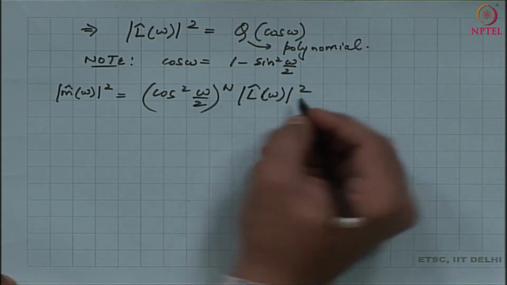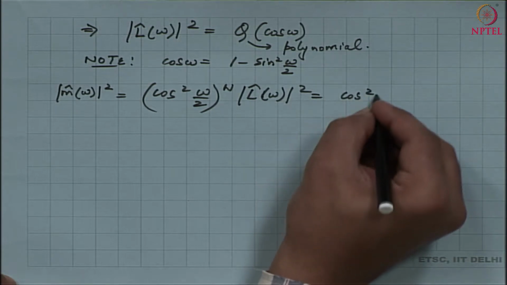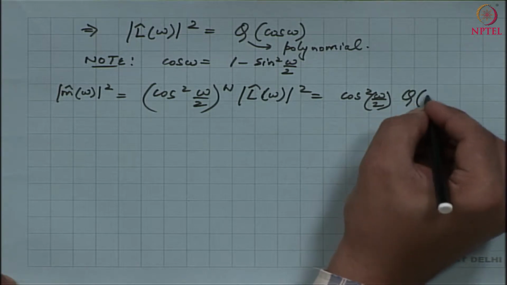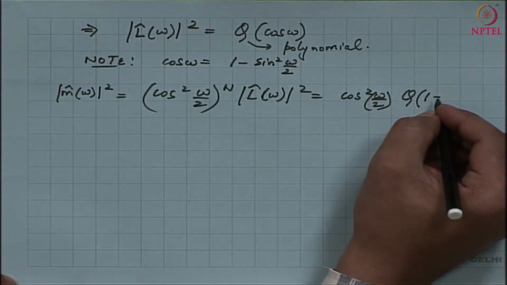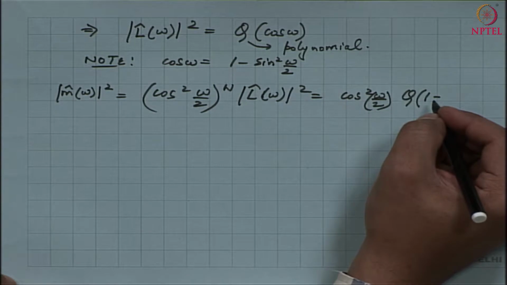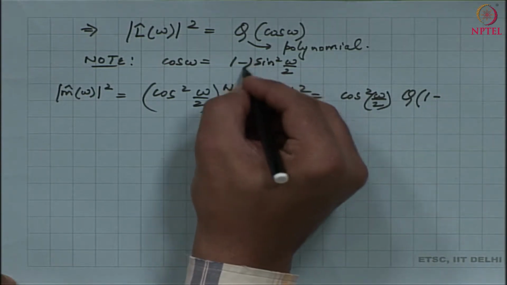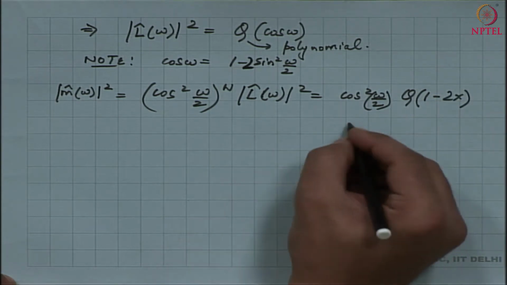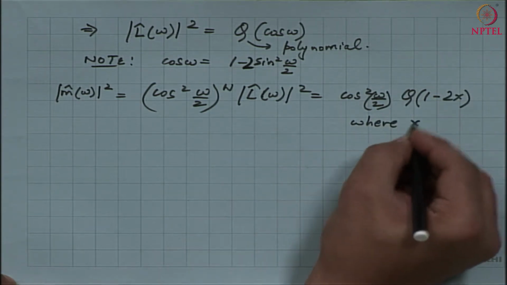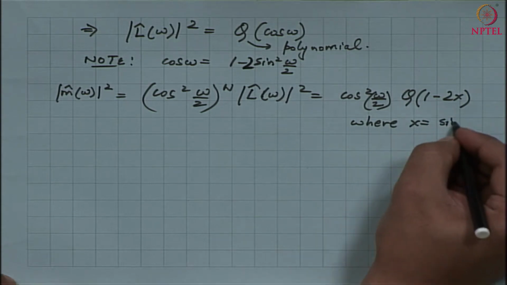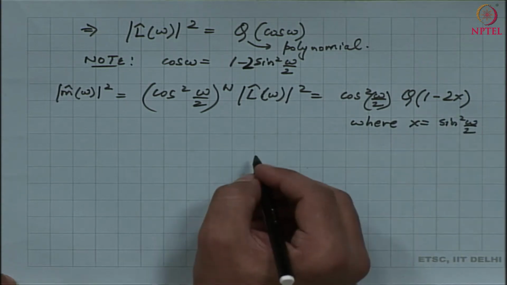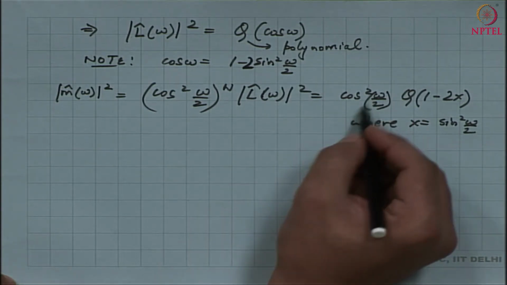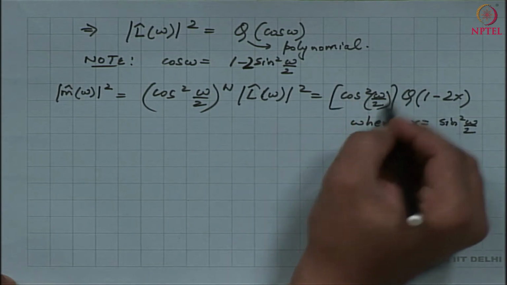This is also equal to cos square omega by 2 to the power n times q of 1 minus 2x, where my x is sin square omega by 2.